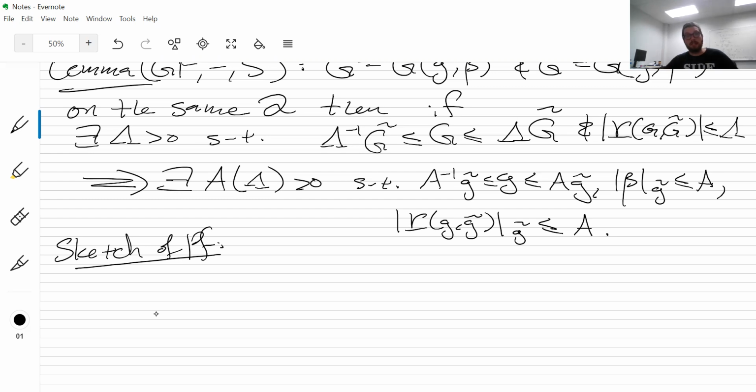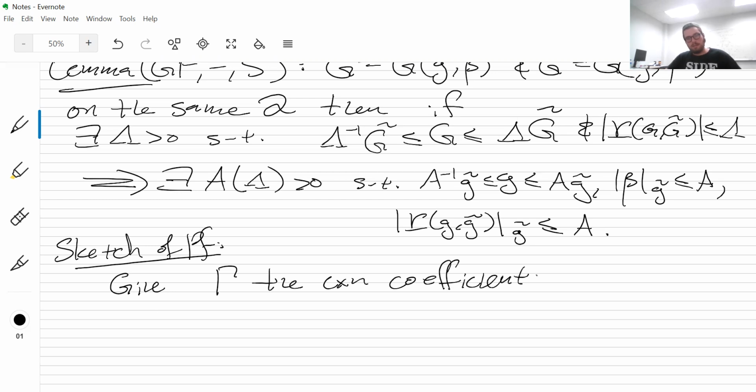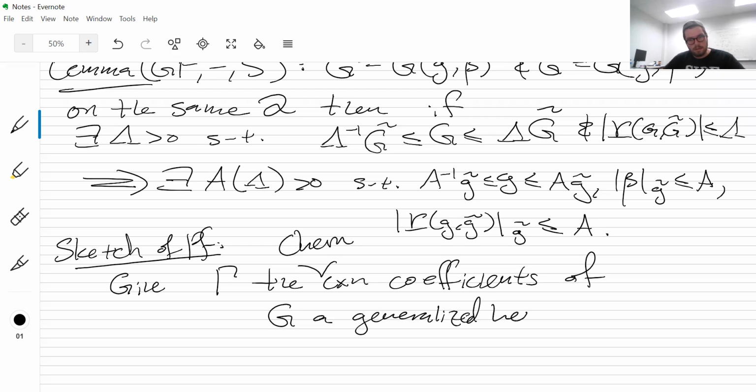We give a coordinate formula: gamma, the Chern connection coefficients of G, a generalized Hermitian metric on Q, in terms of G and beta.